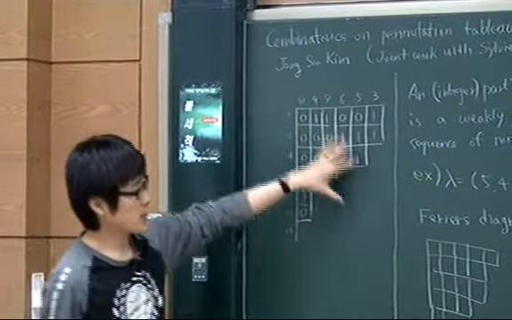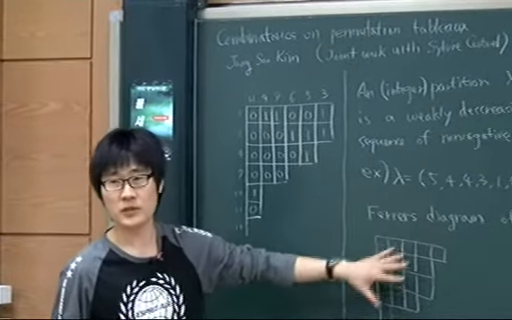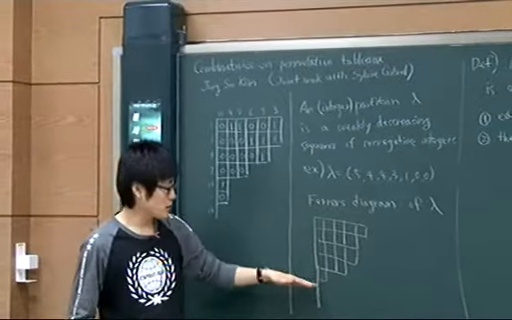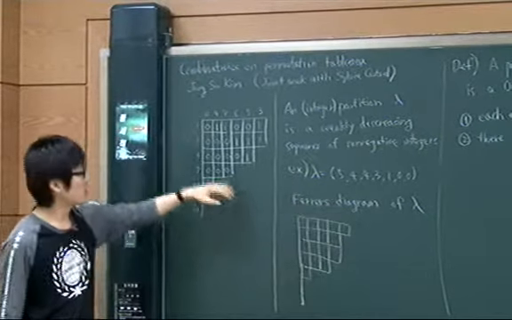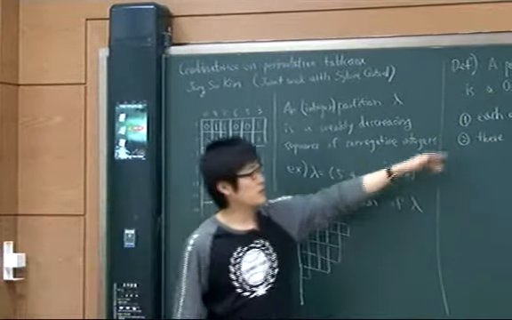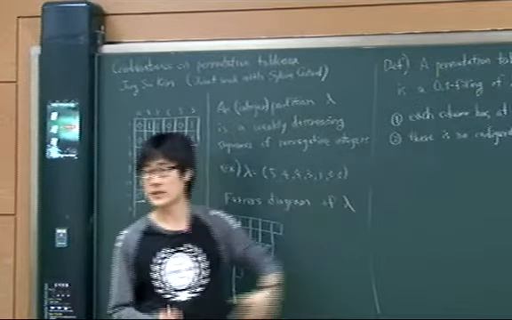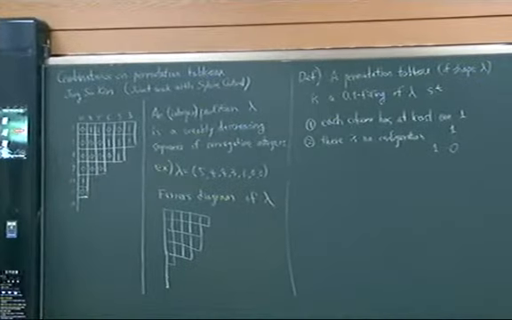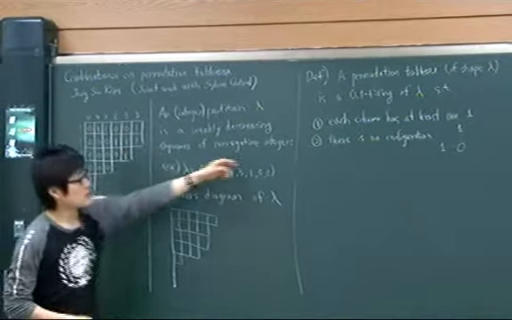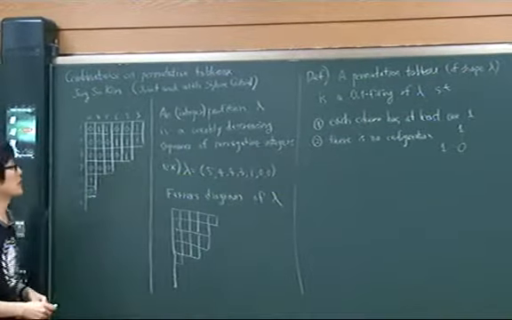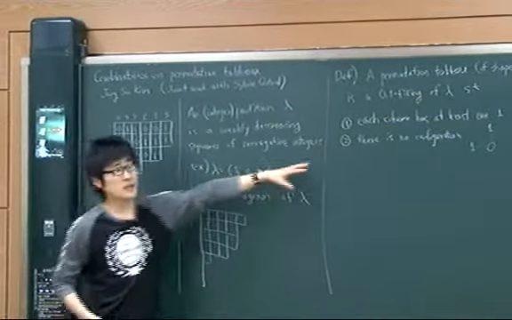And in this Ferrers diagram, I define it in this way so that we don't have any empty column. But that's automatic from this condition, because each column has at least one 1, meaning it does not have any empty column. So it satisfies this condition, and for the second one, we don't have any of these configurations.